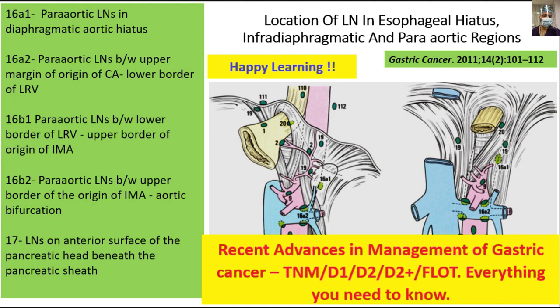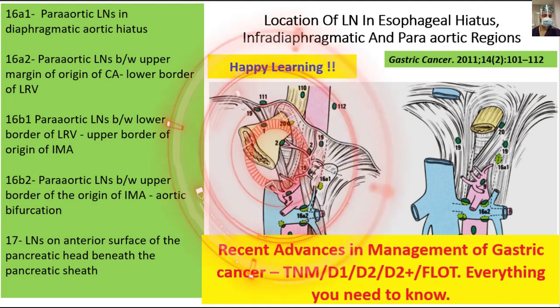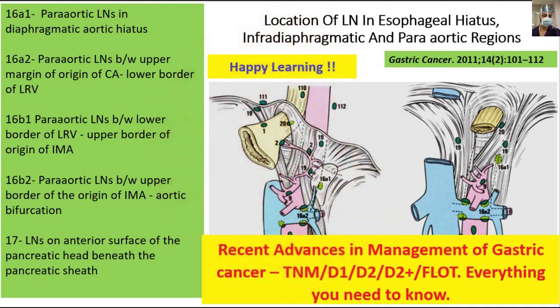So 16B1 we usually sample in gallbladder, and if we talk about CA stomach, these are part of D2 plus lymphadenectomy, and we have talked about this, but briefly, these lymph nodes, D2 plus lymphadenectomy, that is D3, D4, are not recommended because the literature doesn't support it, because there is added morbidity and it doesn't add to the survival benefit.